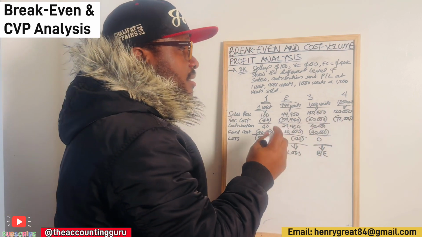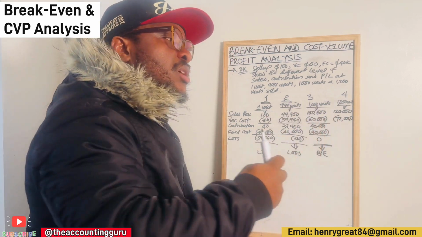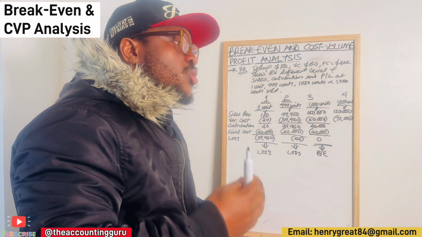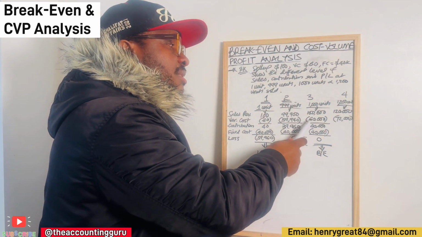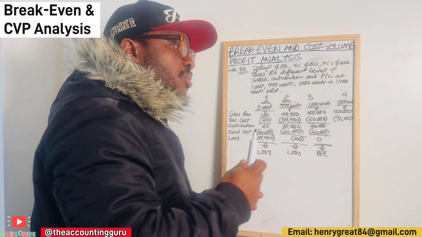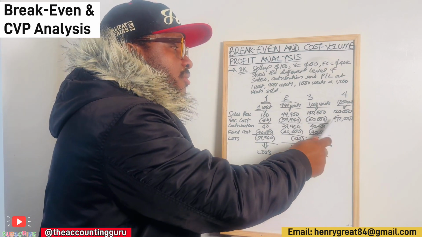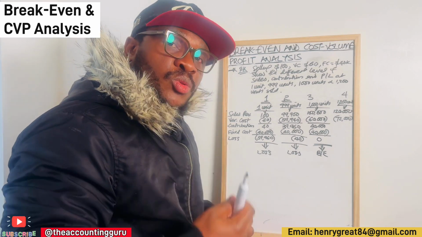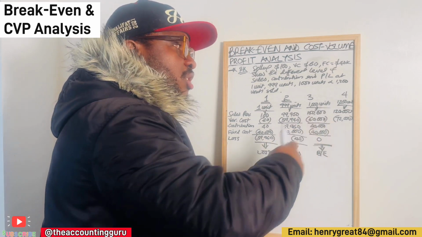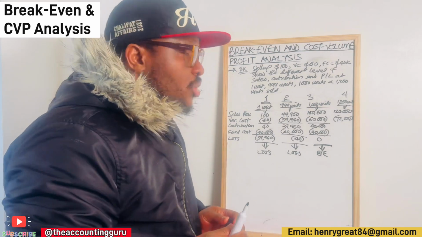So you can see that because an extra 200 units were sold, variable cost increased from 60 to 72, representing 12,000 extra variable cost that was incurred because of the extra 200 units that were sold. Perfect.